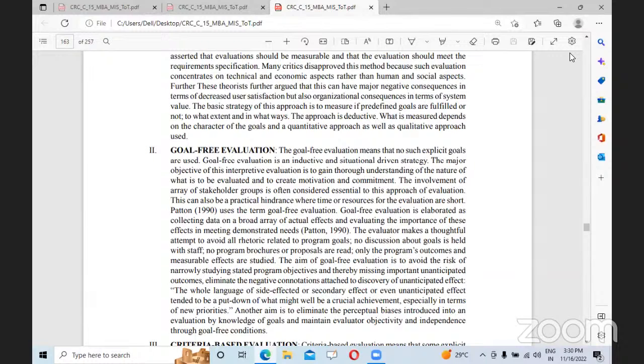Patton, 1990, uses the term goal-free evaluation.